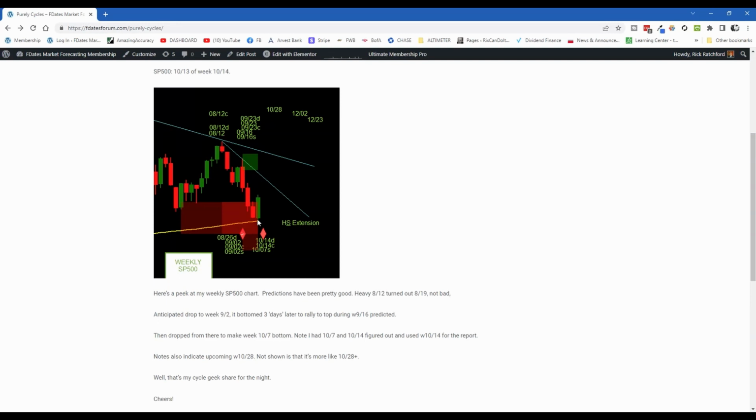Okay, and then likely I see it going up to around 10/28, and I'll just tell you, I mentioned it here that I believe it's likely 10/28 plus. And remember what I said about plus: it means it could be 10/28 or it's leaning 1 bar late. So that's what I see from here going up to around the end of October, beginning of November.